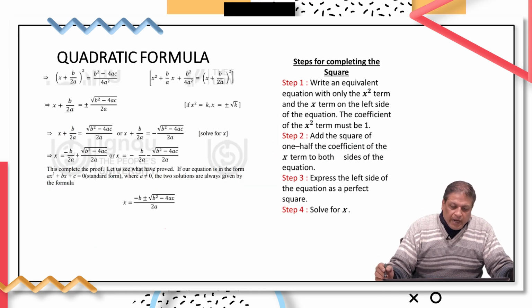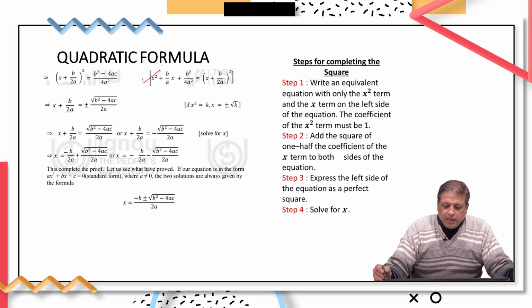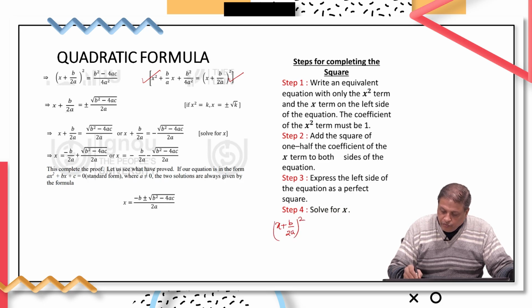Now we know that x square plus b by a x plus b square by 4a square is nothing but x plus b by 2a whole square. Why? Because we know that x plus b by 2a whole square will be equal to x square plus b by 2a whole square plus 2x into b by 2a.